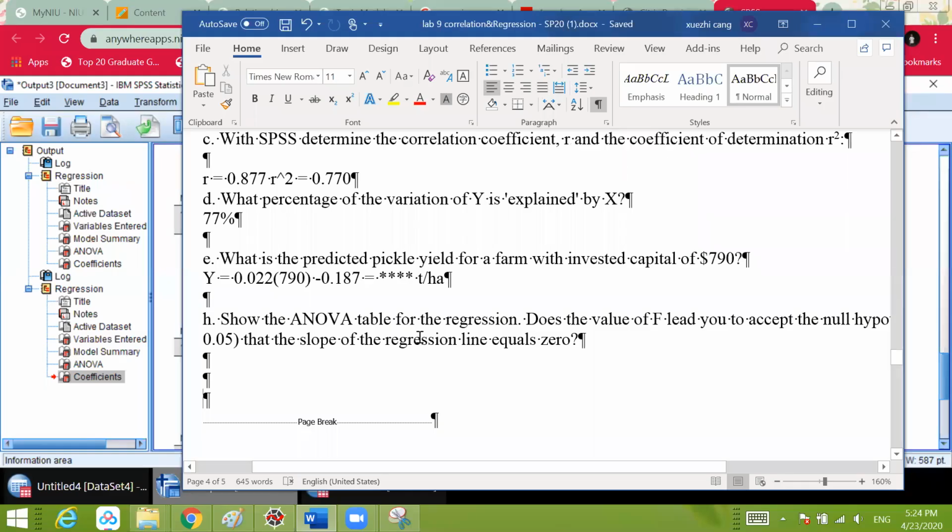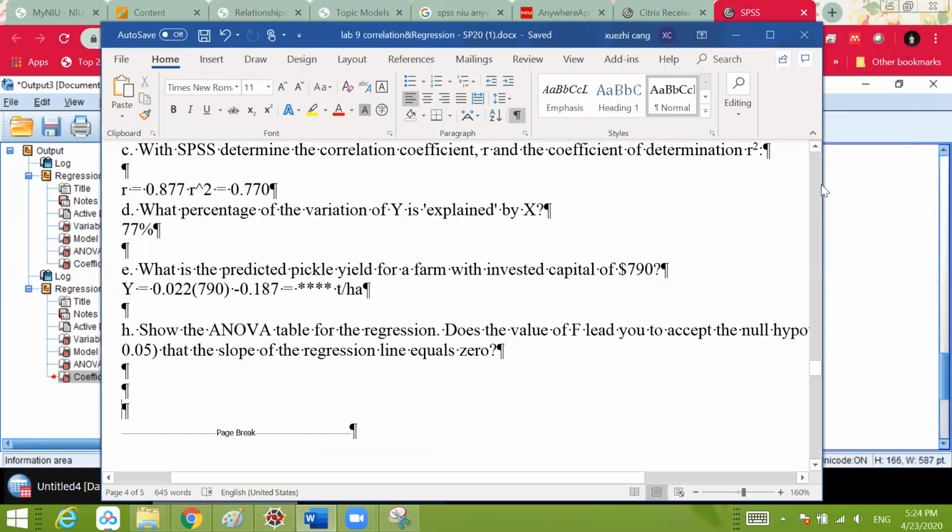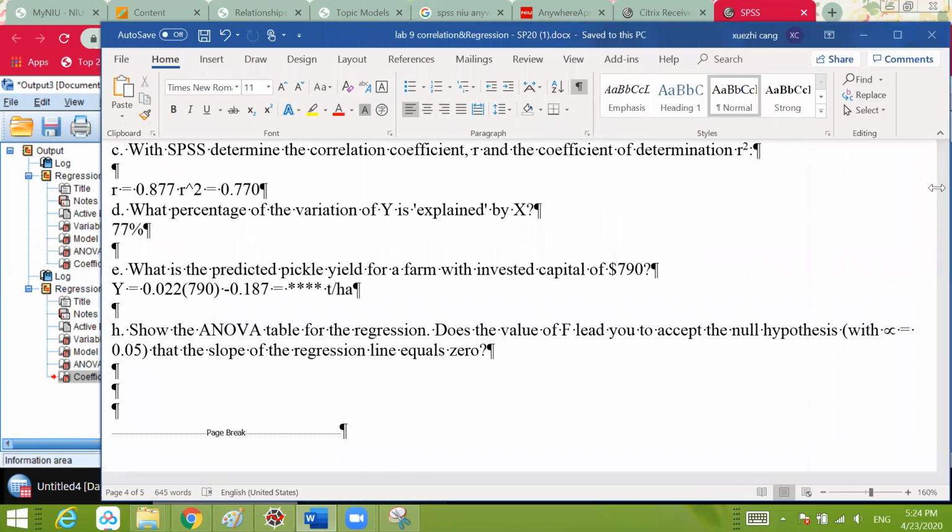For the next question, we need to use the ANOVA to check whether the value F leads you to accept the null hypothesis that the slope of the regression line equals 0. So let's write our null hypothesis and alternative hypothesis first.